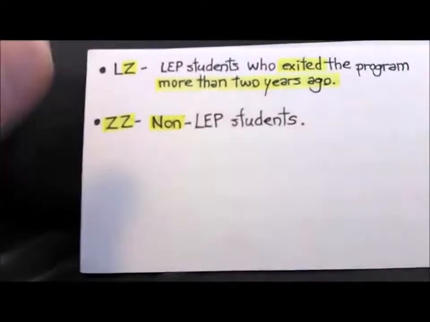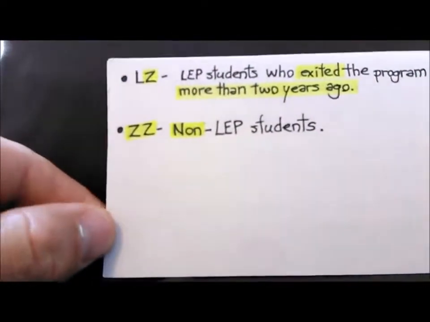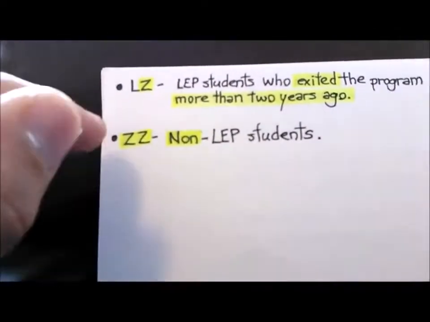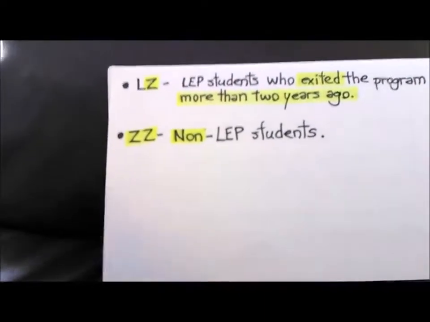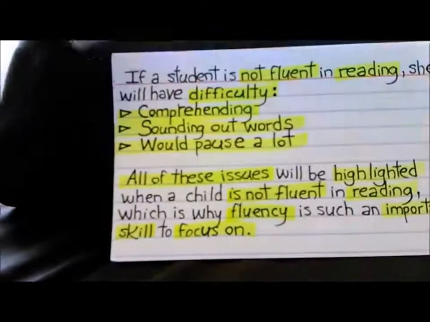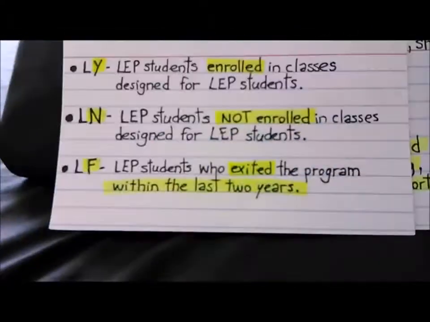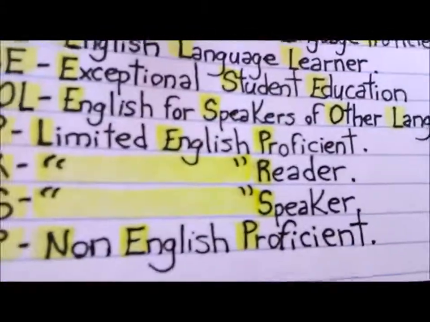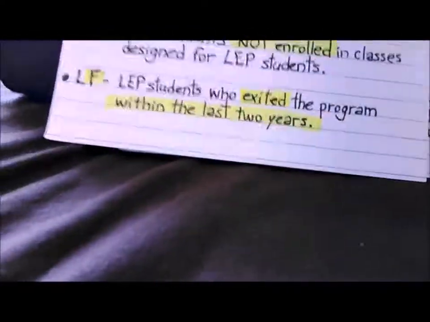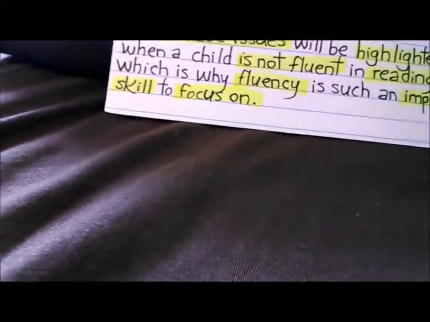LZ, LEP students who exited the program more than 2 years ago, and ZZ, non-LEP students. Those are little codes right there. And remember that LEP was right here, LEP, Limited English Proficient. That's what it meant. Okay.